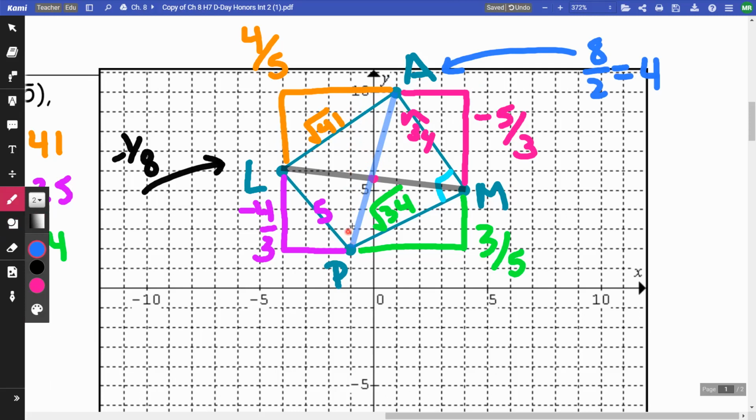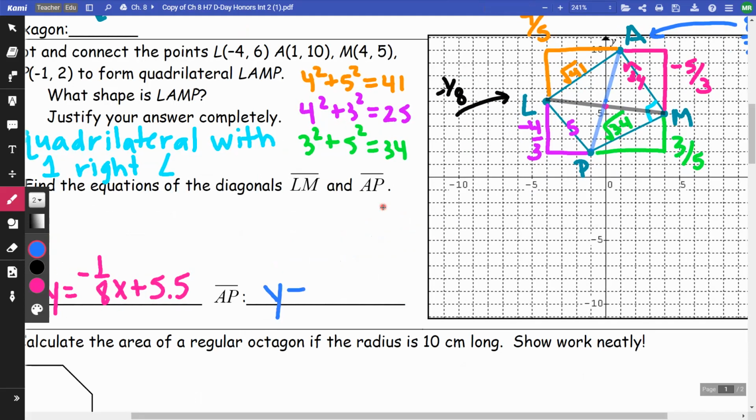So I'm really going to go up 1, 2, 3, 4 over 1. So I actually have a y-intercept at 6. So this is going to be y equals 4x plus 6. Okay.